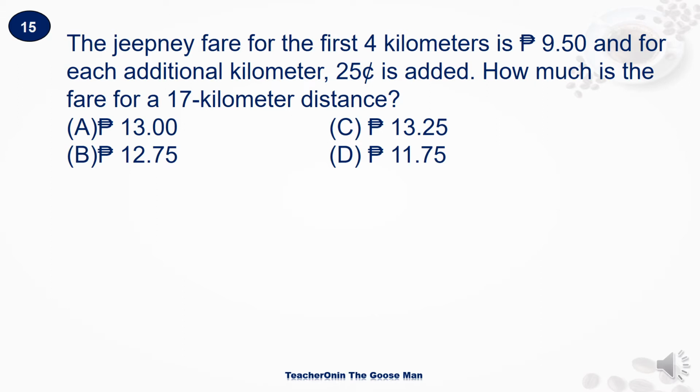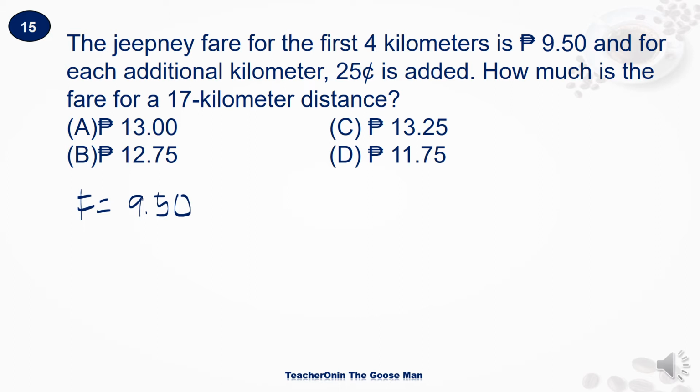In this kind of problem, we go back to the idea of a function. First, we have a constant of 9 pesos and 50 cents. Why is it constant? Whatever your distance for the first 4 kilometers, you will pay 9 pesos and 50 cents.